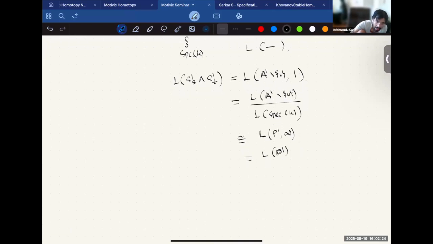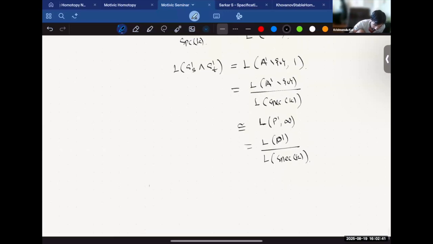And if you evaluate this at C, you will get your CP infinity, or your K(Z,2), back. So you are getting your second Eilenberg-MacLane space back. So that's a good thing.